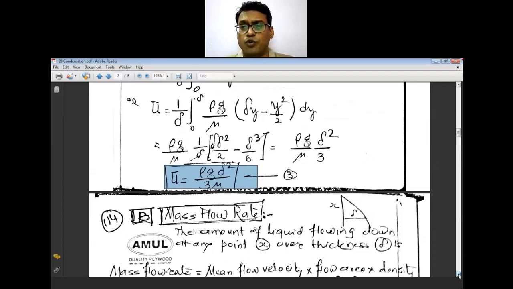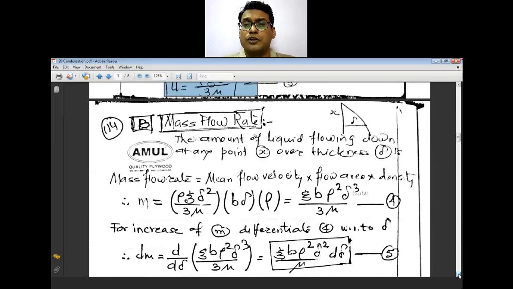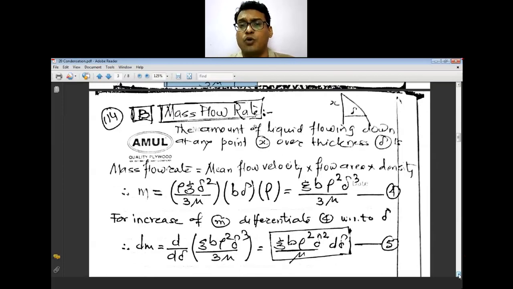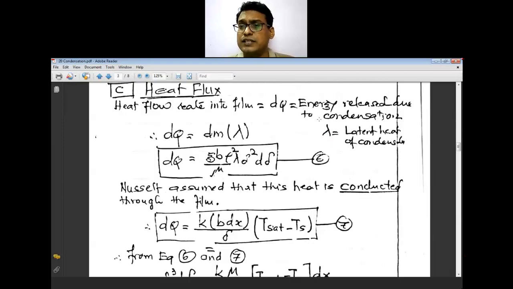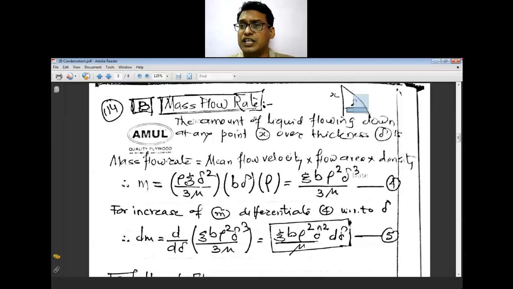Now the mass flow rate calculations. The amount of liquid flowing down at any point x over the thickness delta. So how much mass flow rate is there at this point x; we have calculated the velocity at a distance x, with this delta thickness.